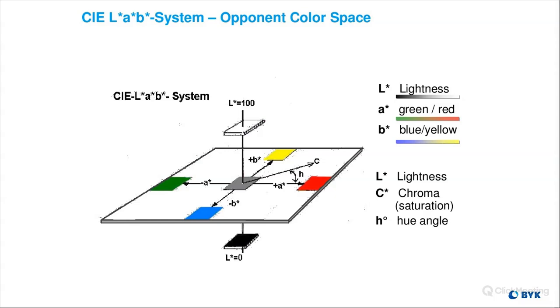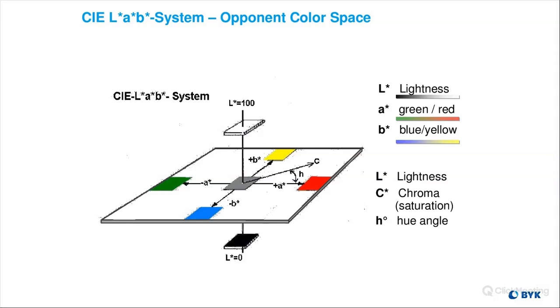But if you can imagine a three-dimensional sphere where you have your lightness value, which is your L value, and that goes from 0, 0 being black, to white. So white's 100. White is at the very top here. And then you have your A and your B axis. So your A axis at negative A, it's green. Then at positive A, it's red.